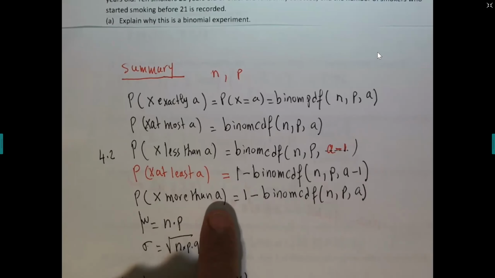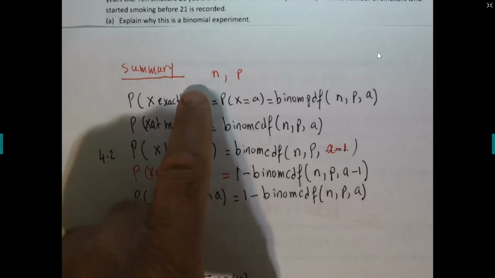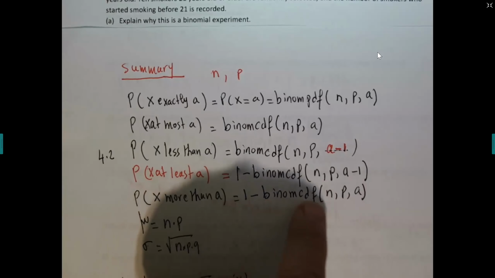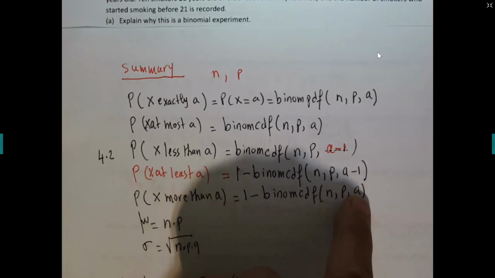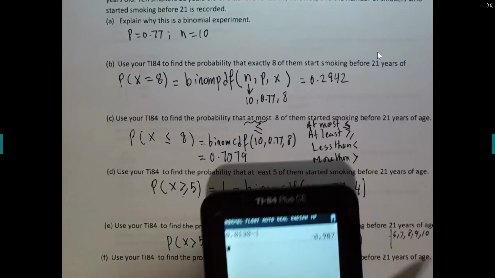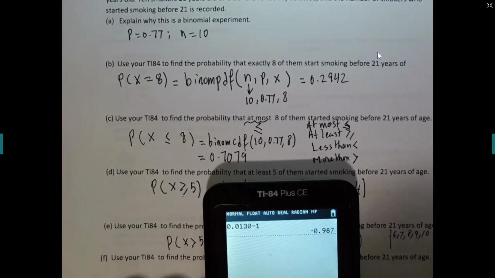X more than 5. Just follow this. More than 5 means 1 minus binomial CDF N, P, 5. When it is at least 5, you have to do 5 minus 1. Here is just 5. And let me do it. Second, distribute.